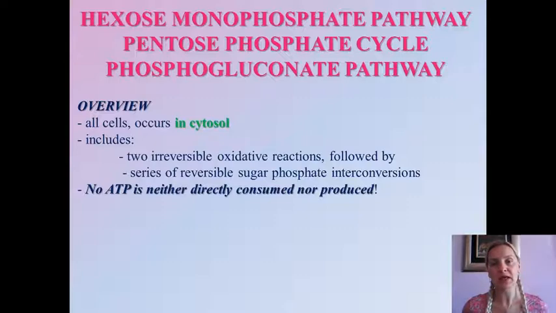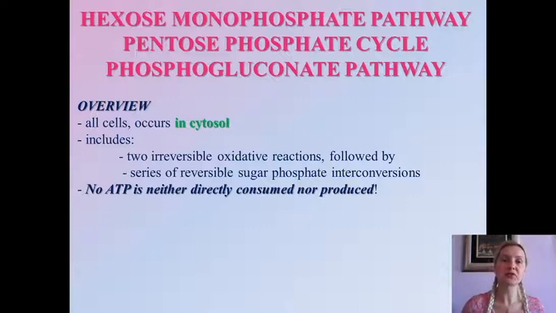What can we expect out of this hexose monophosphate pathway? First, let's explain one very important fact. This is considered to be a catabolic pathway because the precursor glucose 6-phosphate is converted to other monosaccharides containing less than 6 carbon atoms.